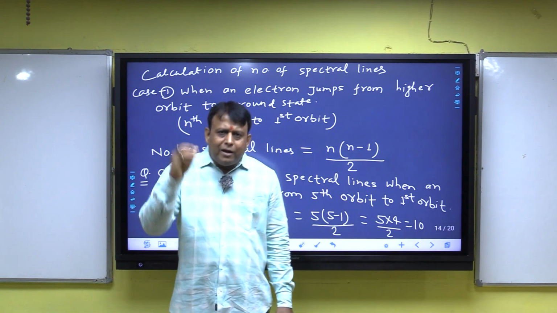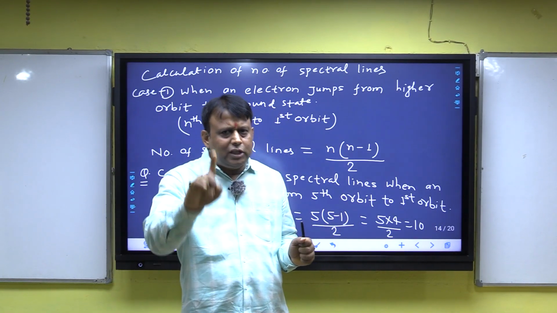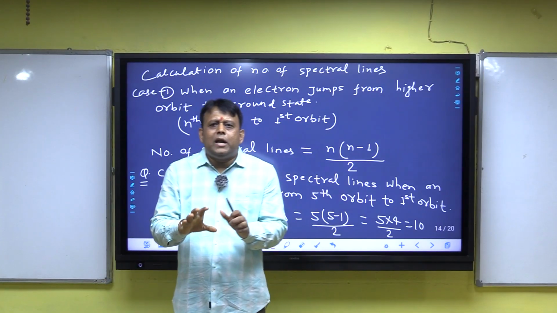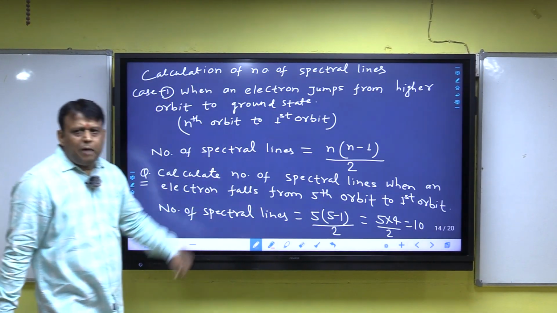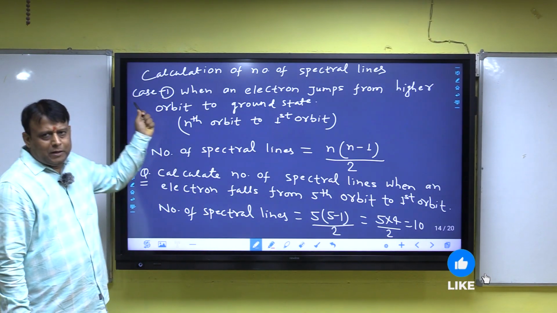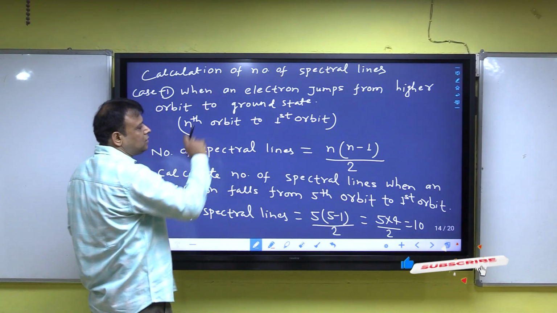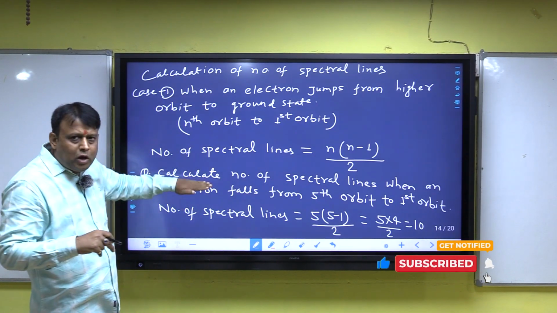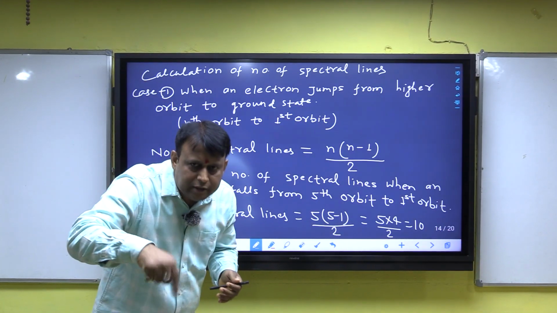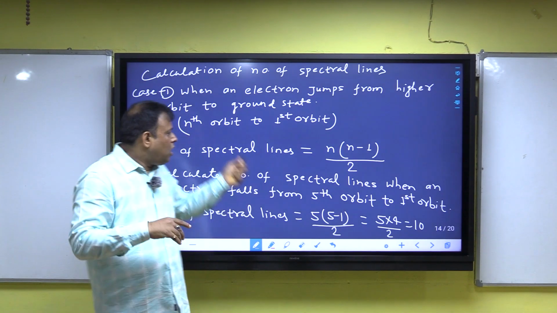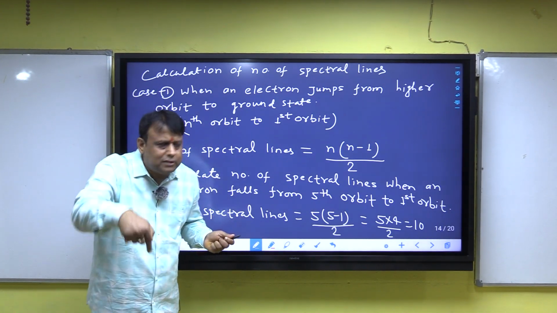But right now I will calculate the number of spectral lines, for objective questions and most important for competitive examinations. Calculation of number of spectral lines, case first: when an electron jumps from a higher orbit to the ground state. Always keep in mind, this formula is only applicable from a higher orbit to the first orbit, the ground state.